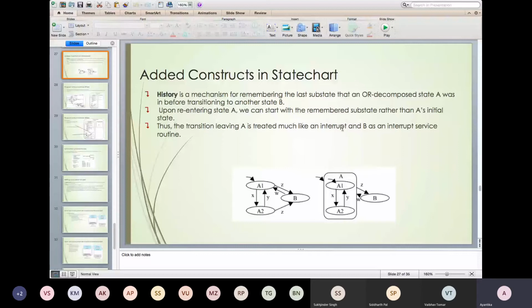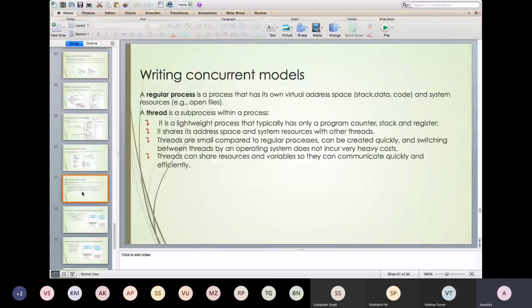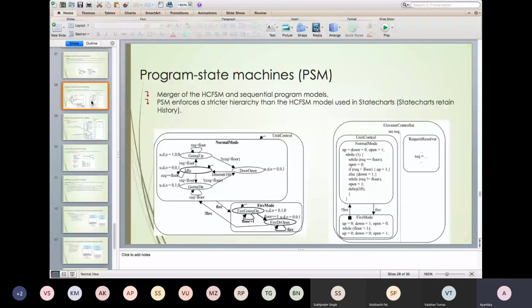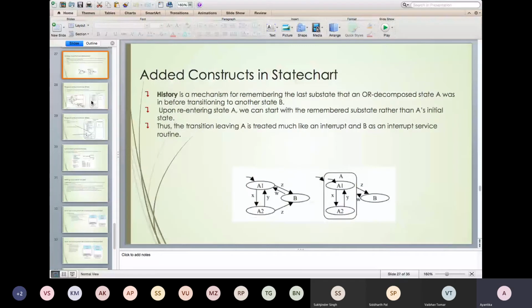Then you can start from the state A1 you have maintained in your history and continue your execution from there. So this construct is very similar to interrupt handling. So one is timeout, for our delay handling, and this history is related to our interrupt handling.